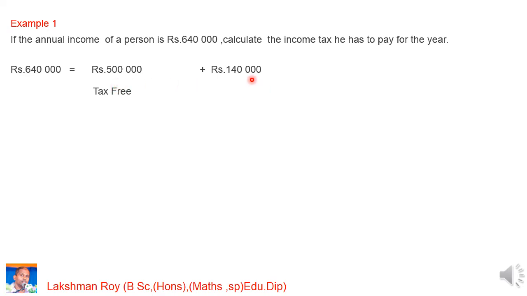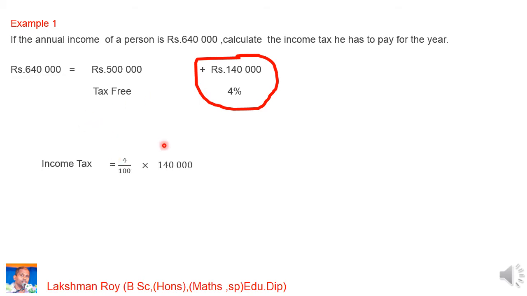But for the next 500,000 rupees, any amount in it should pay 4% income tax. So we should calculate the income tax to pay for this amount. Income tax means 4%. Now, students, 4% means 4 over 100.